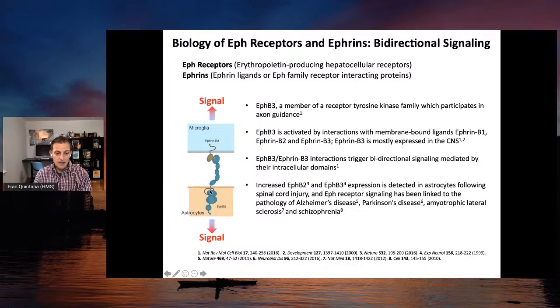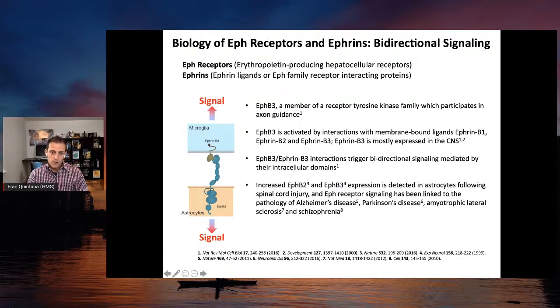And indeed, our studies identified EphB3 receptor expressed in astrocytes as a mediator of astrocyte microglia interactions. The EphB3 receptor interacts with a membrane-bound ligand, which is called ephrin B3. And what is interesting about this ligand is that ephrin B3 also has a signal transduction domain.